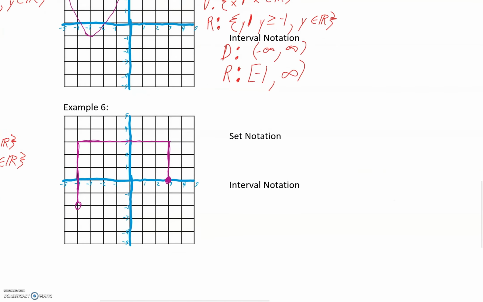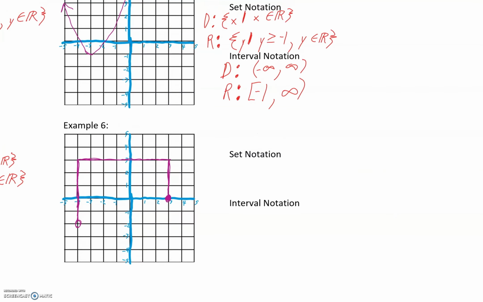And then our final example will be domain, range. Okay, where x is going to be bounded such that it is between negative 4 and 3.